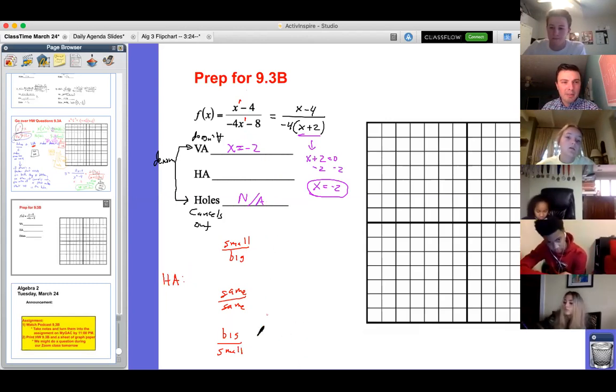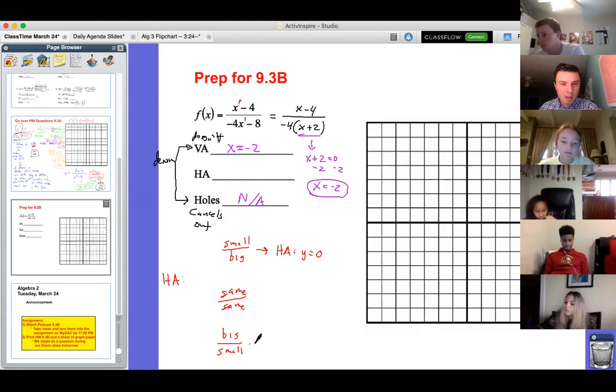Josh, you remember any of these? Oh, no. All right, when it was something small over something big, somebody help them out. Equals 0. Yes, our horizontal asymptote was y equals 0. What about when it was big over small? There's not one. Yes, there was no horizontal asymptote.